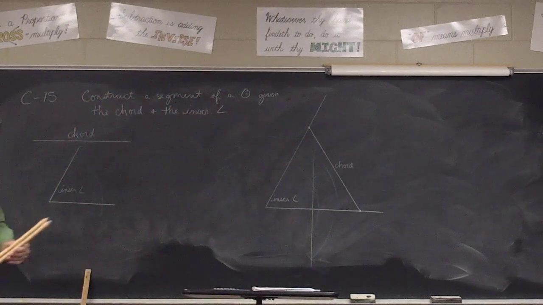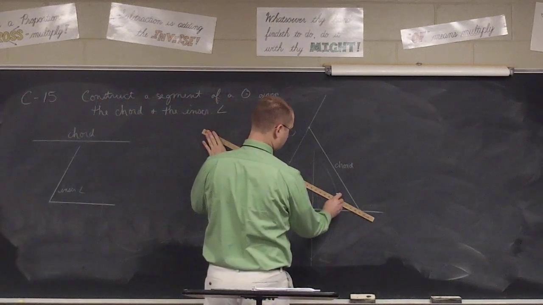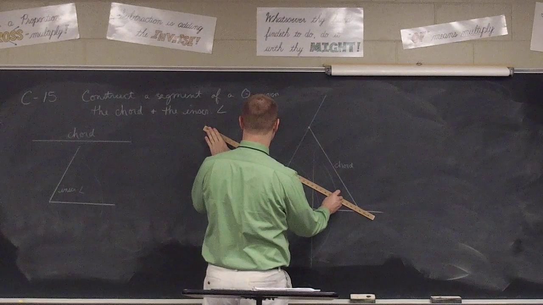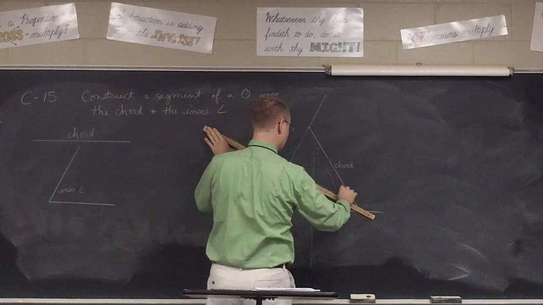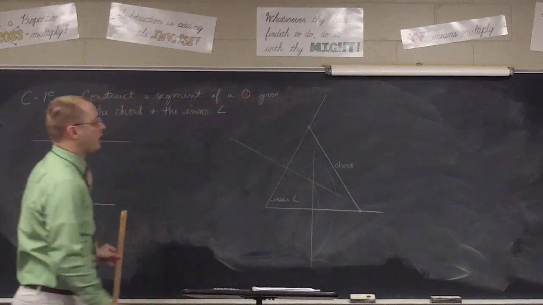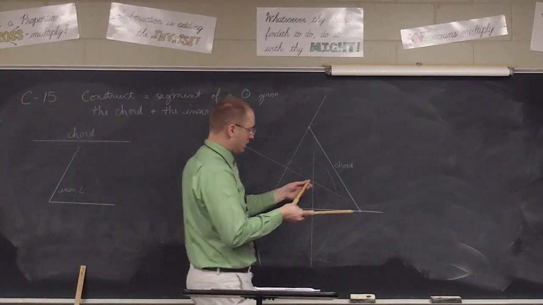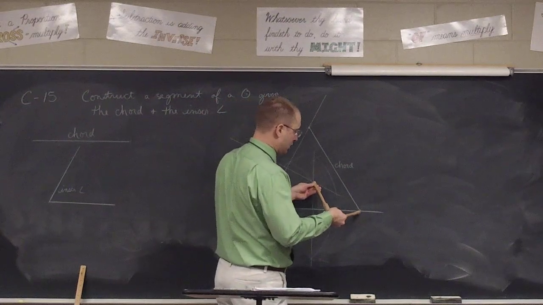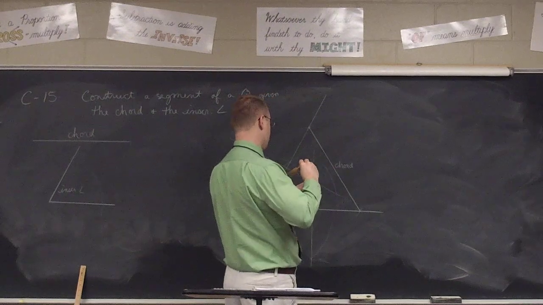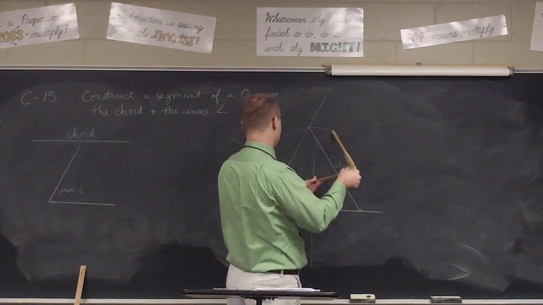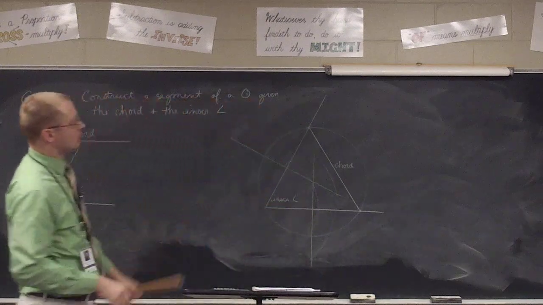You're seeing arcs everywhere. The key is keeping track of which arcs you are interested in. So if you need to erase old arcs before you make new arcs, do so. And remember, once you've found the circumcenter, you can circumscribe.